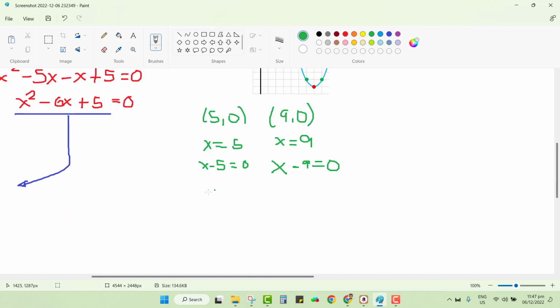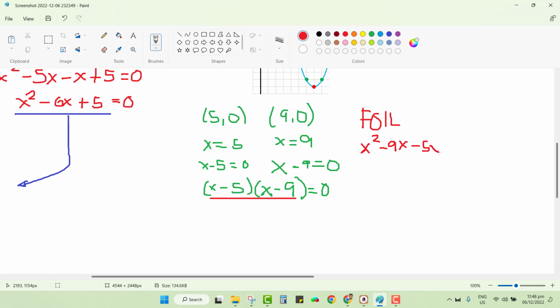Hence, you will have to multiply x minus 5 and x minus 9 equal to 0, which will again allow you to use the FOIL method. And the FOIL method here will be shown in this form. X times x is x squared. X times negative 9 is negative 9x. Negative 5 times x is negative 5x. Negative 5 times negative 9 is positive 45 equal to 0.